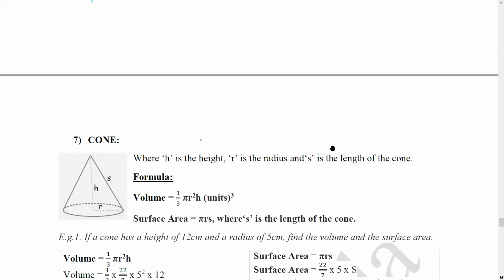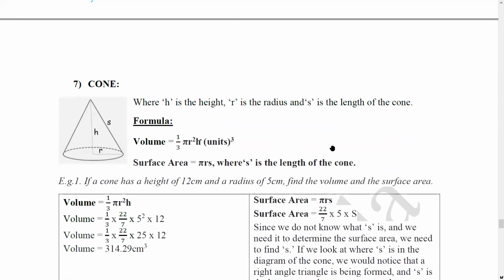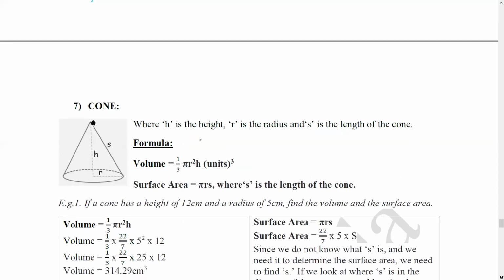Right. So a cone. Can we move on to cones? Any questions so far? All right. So a cone. This is what a cone looks like, where H, of course, represents the height, R represents the radius, and S represents the slant length of the cone.